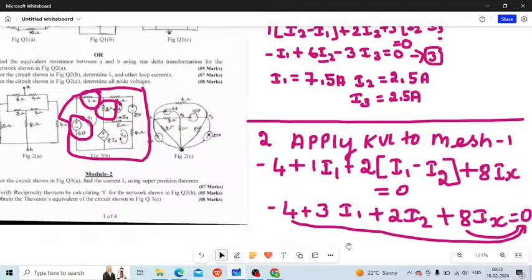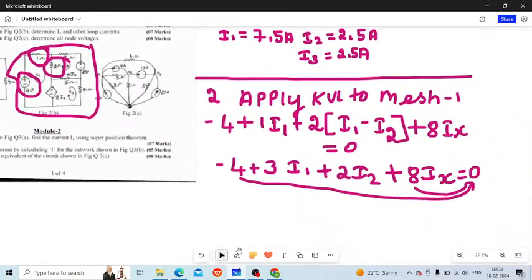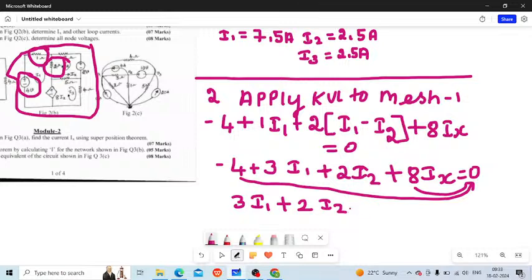If I do that, so it is 3i1 plus 2i2, which is equal to minus 8ix plus 4. Fine. This is equation number 2.